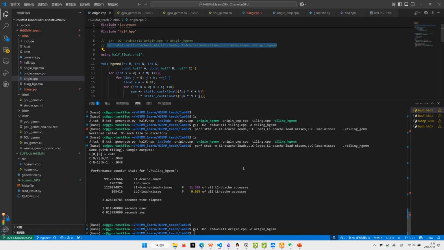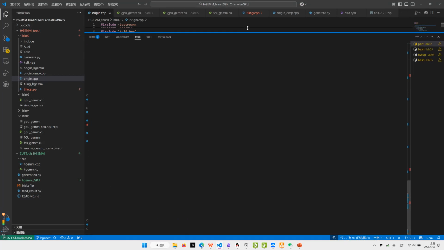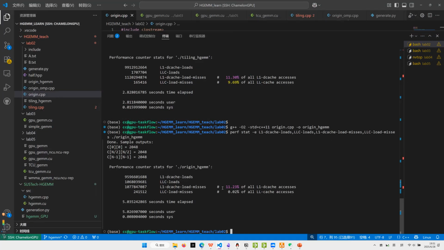Now, as you can see, compared to the tiling, which is the optimized algorithm, the biggest difference here is the last level cache loads. You can see the last level cache loads are raised by about 1 billion.